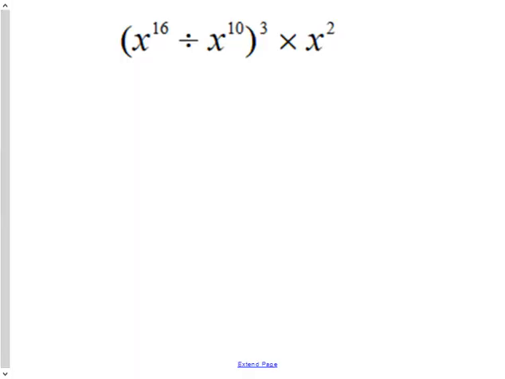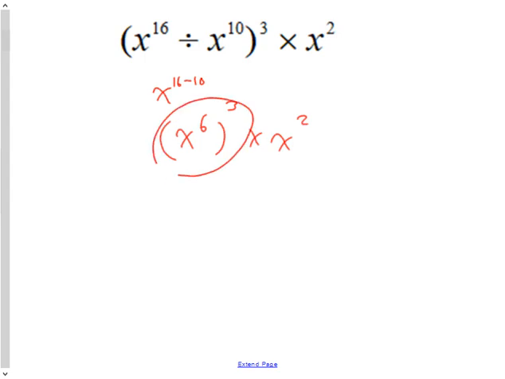The first question says x to the exponent of 16 divided by x to the 10. Remember, when you have this, keep your base and subtract your exponents, which will give us x to the exponent of 6, cubed, times x to the power of 2.